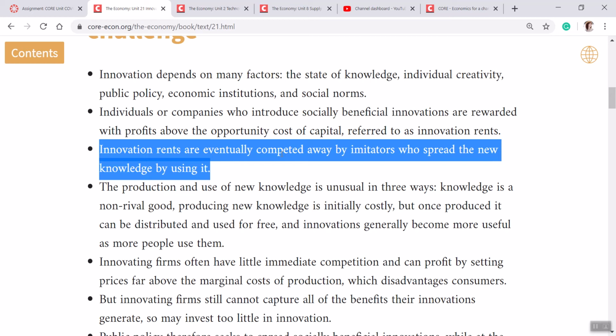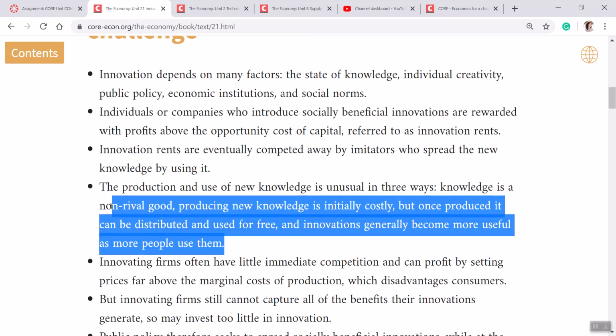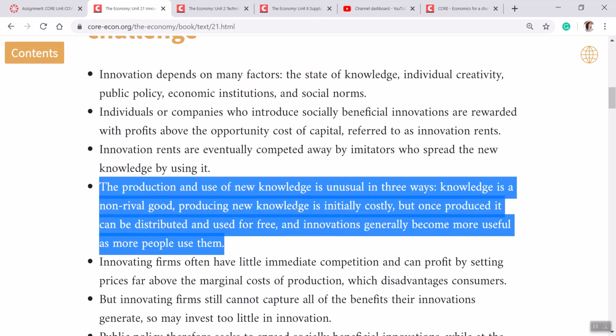The production and use of new knowledge is unusual in three ways. And this is really interesting, because how do you value and create an economy around knowledge? Knowledge isn't something that can be bought or traded. It can be shared.